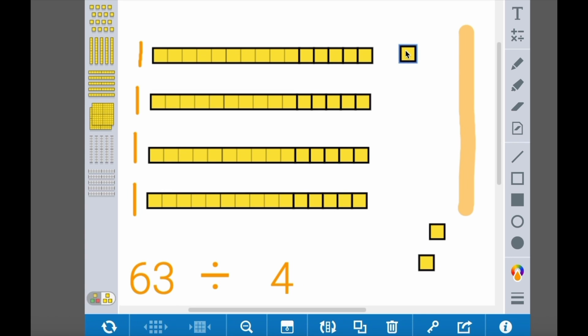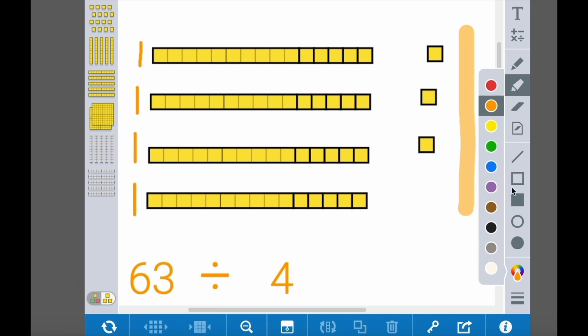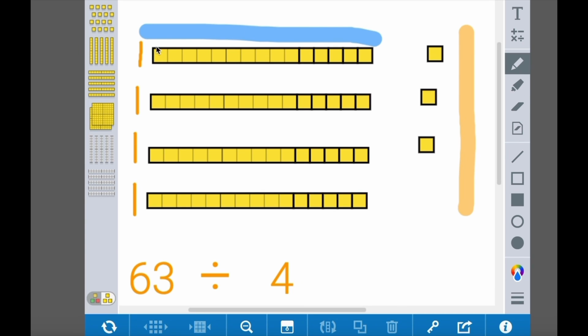Uh-oh. Well, that's all equal, but I know that I cannot fit 3 equally here, so this would be my remainder. Now, before we get into the remainder, let's see how I can get my answer for 63 divided by 4. What is the whole number there without a remainder? Well, you're going to look at your top row right here. So this is going to tell you what your answer is, and you'll just count up your boxes.